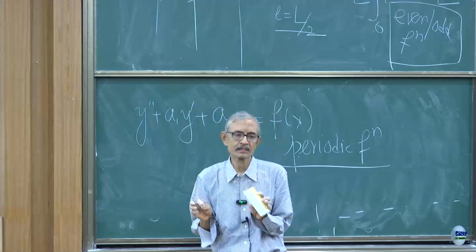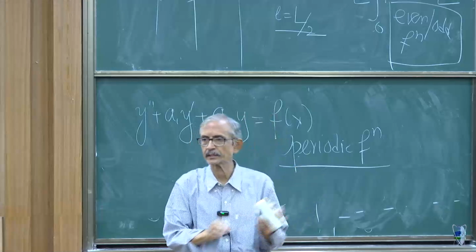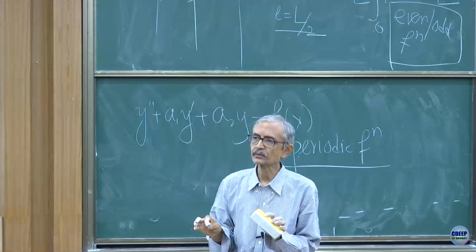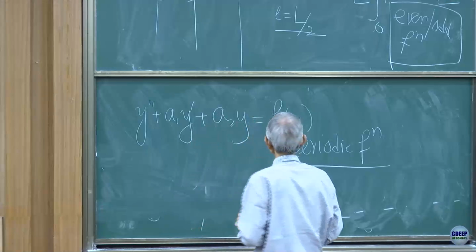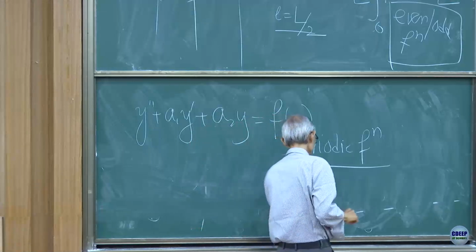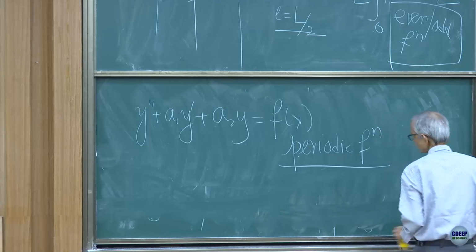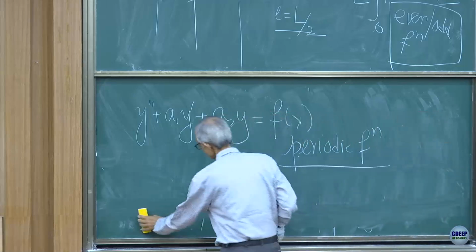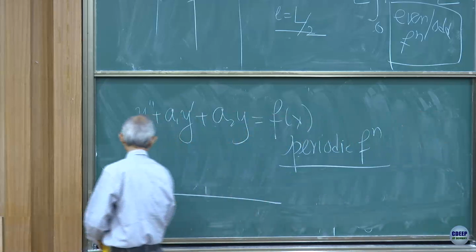One can take the Laplace transform of a periodic function, we'll do that later on. As of now, we have a right hand side, and what you will be given as the right hand side is going to be this.